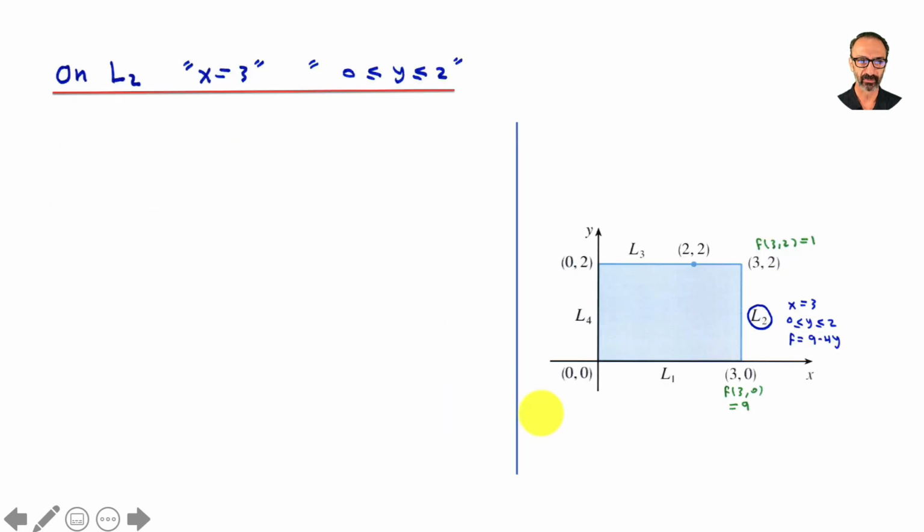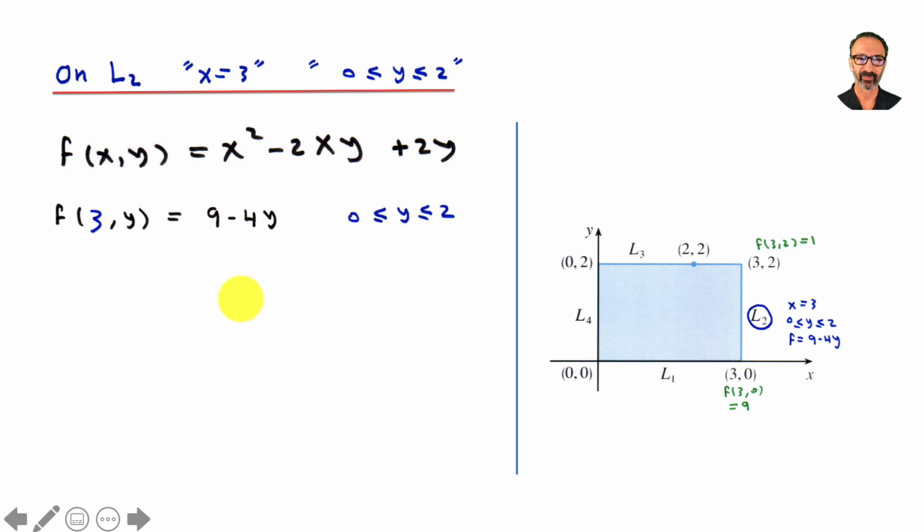On L2, x is fixed to be 3 and y changes from 0 to 2, which I have written for you. Go back to the function, force x to be 3, simplify, and that's what we have.